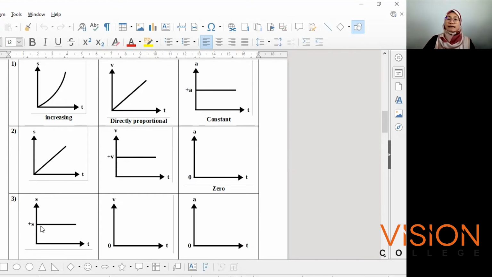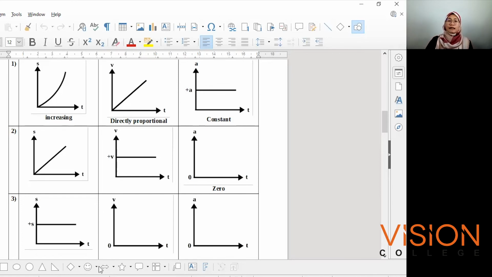If the displacement is constant, what does it mean? It means it didn't change over time. I stay at the same position. So if I stay at the same position, it means I did not move. So if I did not move, there is no speed. Hence, that's why it is zero here. If there is zero velocity, it means it's zero acceleration as well.